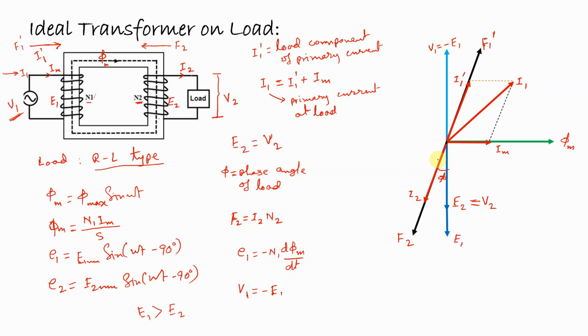F1 dash and F2 will be equal but opposite, and therefore the mutual flux will remain constant. So this is the concept of the phasor diagram of the ideal transformer on loaded condition.